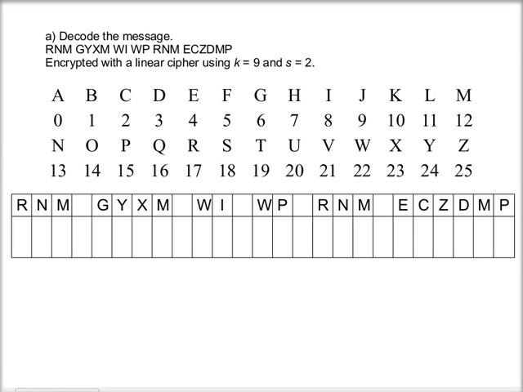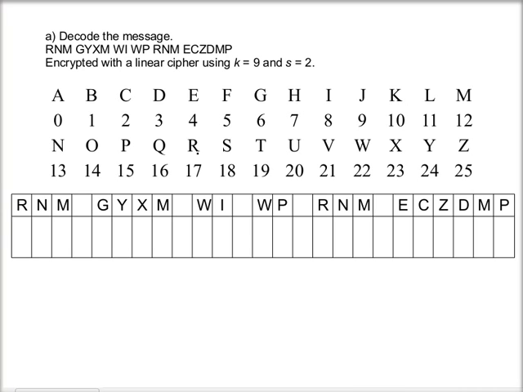So we want to decode this message, which was encrypted with a linear cipher using k equals 9 and s equals 2. The first thing we want to do is translate these letters into their corresponding position numbers. So let's go ahead and do that.